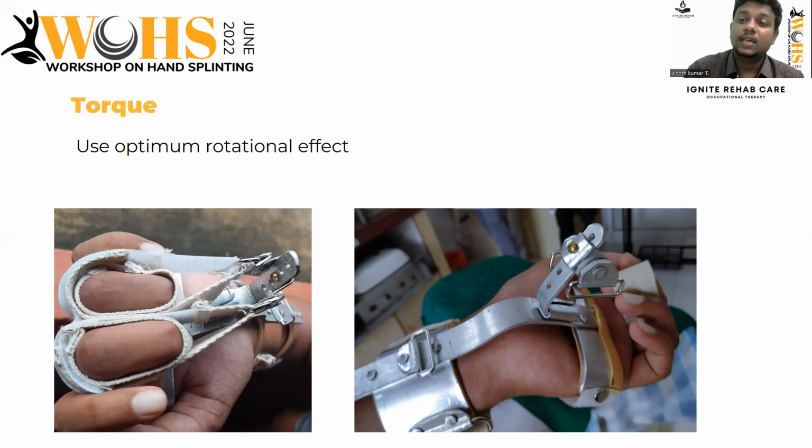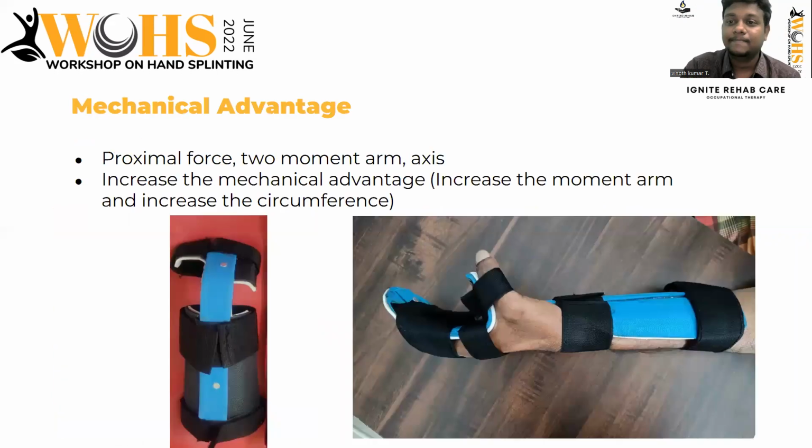So you should consider providing optimal rotational effect on the splint. Also, these holes were made to adjust as the fingers move down. This will be adjusted to the lower level so that it accommodates. Okay, I forgot to mention that point.